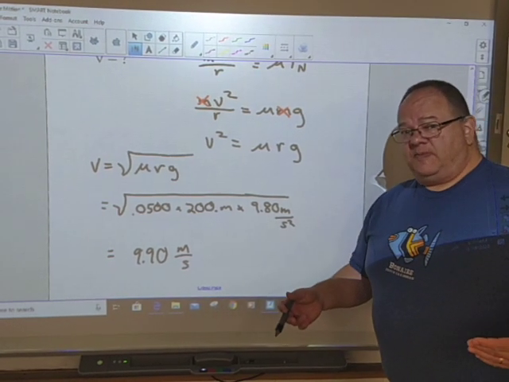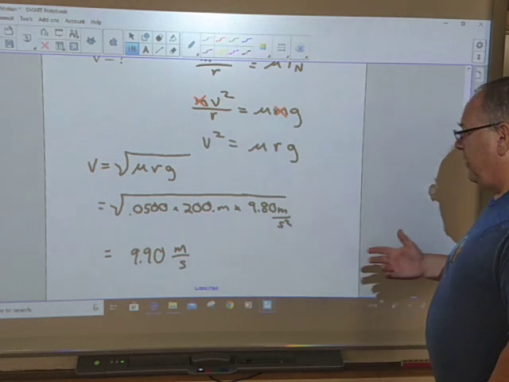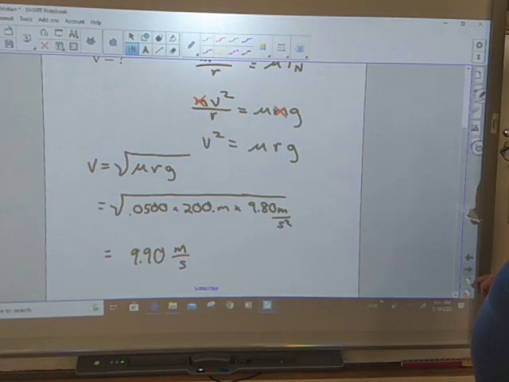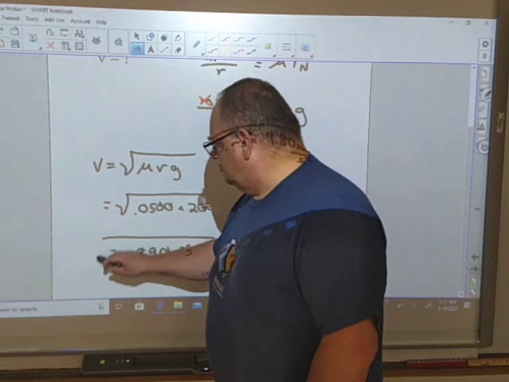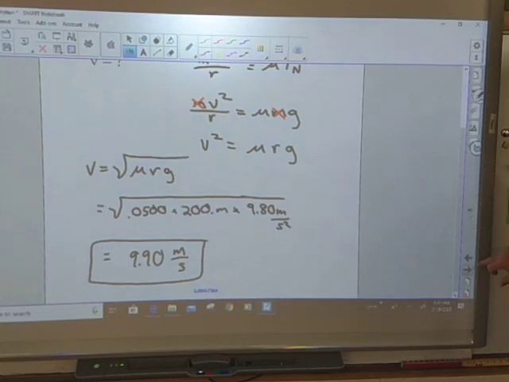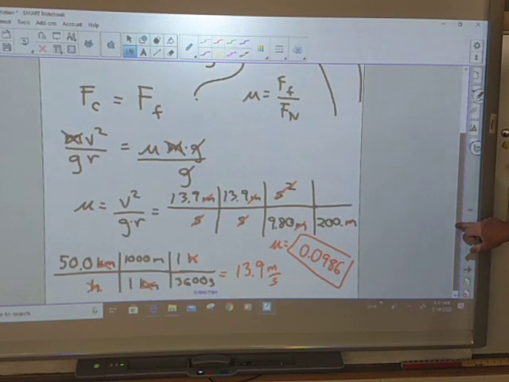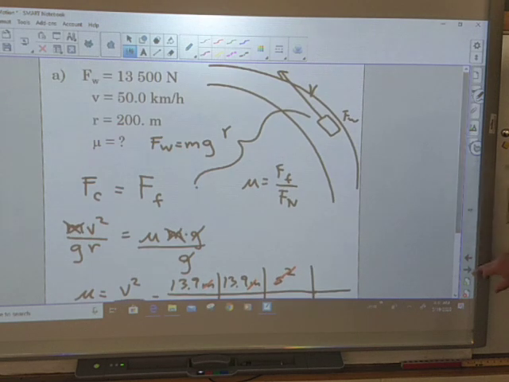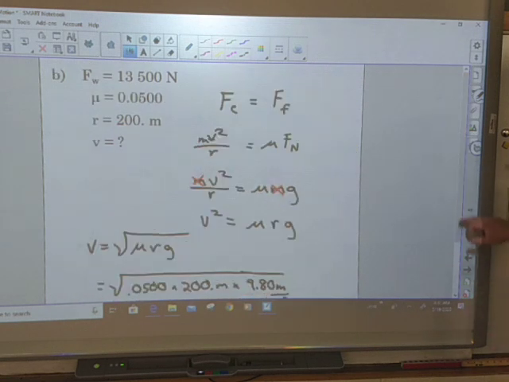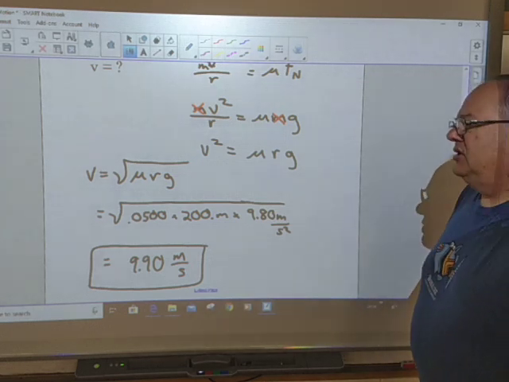Now, the problem didn't specify labels, so I can leave it there, and by comparison, I could look back and say, on the original problem, we were traveling 13.9 meters per second. Now we're going 9.9 meters per second.